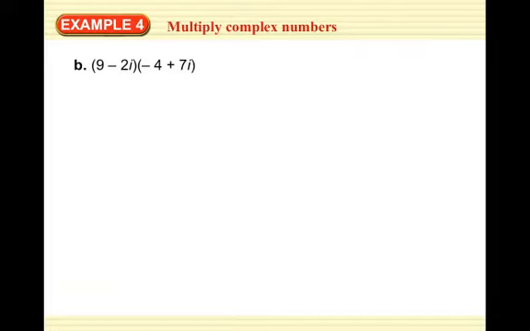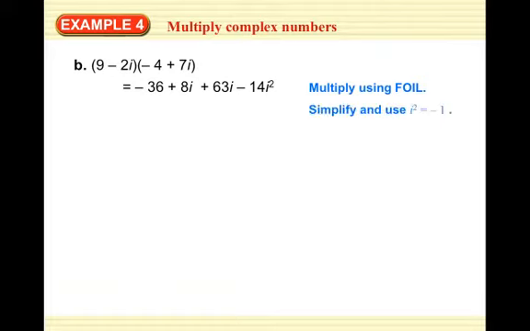Let's look at 9 minus 2i times -4 plus 7i. So we're just going to FOIL. And so that's going to give us -36. Well, they did the inside first and then the outsides. That's fine. Plus 8i, and then plus 63i, and then minus 14i squared. So we're going to simplify using i squared equals -1.